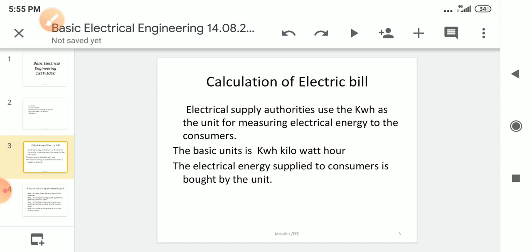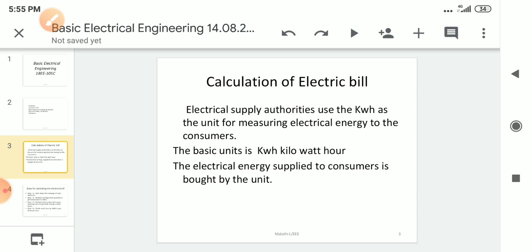We already studied that. In our home we use 40 watts, 60 watts, 100 watts, 500 watts, 1000 watts, 2000 watts, like that. Depending upon the appliance, there are different ratings of watts. So this watts is an indication of the amount of electrical power they need to work.